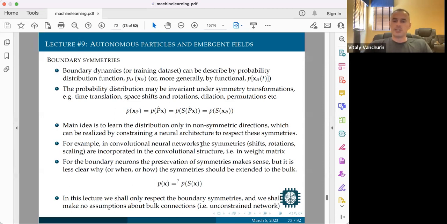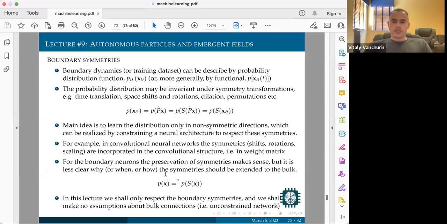And we will not be extending it into the bulk. There is no need to believe that this symmetry should be preserved in the bulk. And in fact, there is some research that shows that it is a mistake for convolutional structures to extend this into the bulk. But this is a preliminary result, and we'll still have to do more analysis to confirm that.